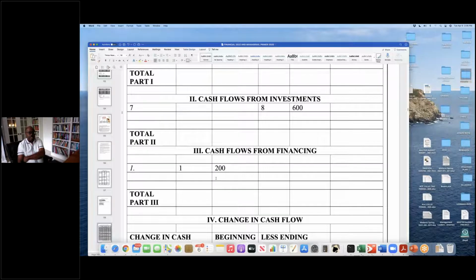So that's a financing type deal. So that's going to be a type 8 as we work number 7. So that's working a little different.